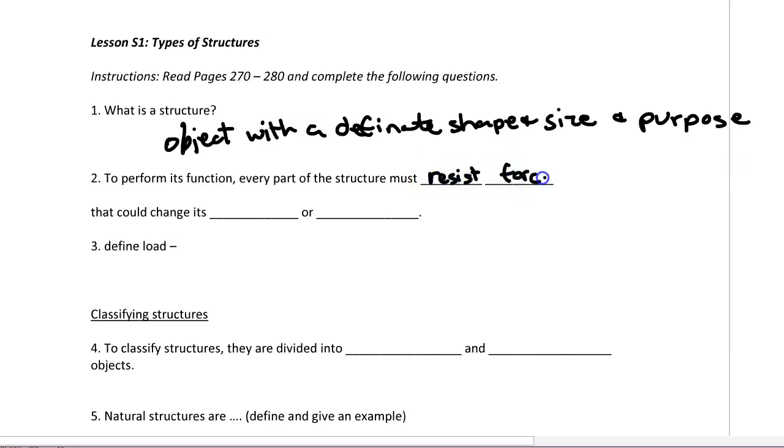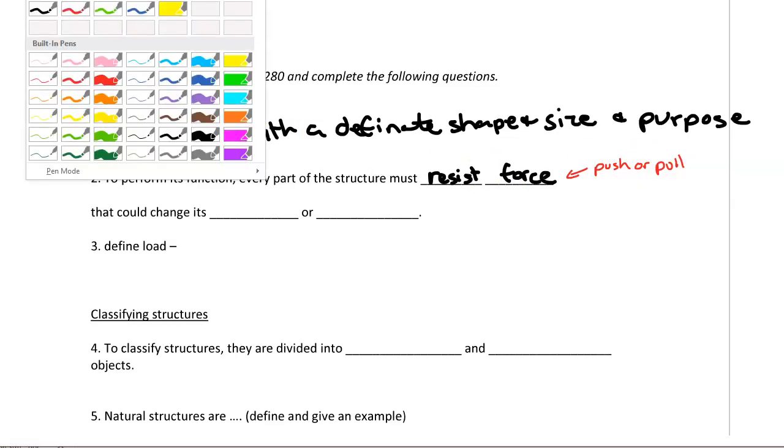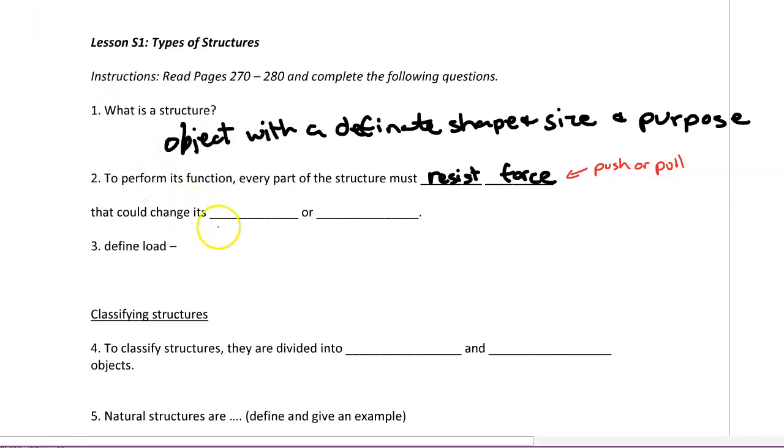Right? There will be forces acting on it, pushes or pulls. So remember, a force is just a push or pull acting on an object. And so if it's going to resist forces, it's got to resist that push or pull. Now, these forces are things that could change its shape or size by compressing it.